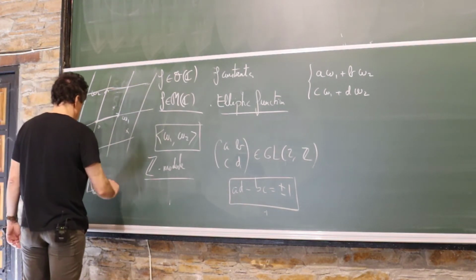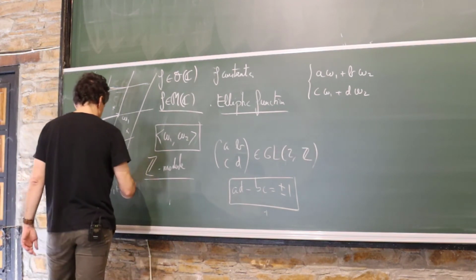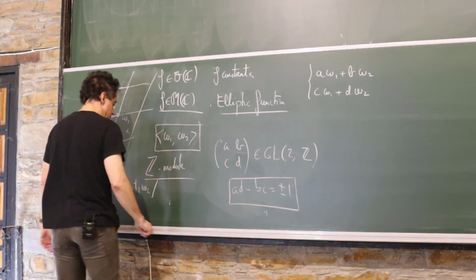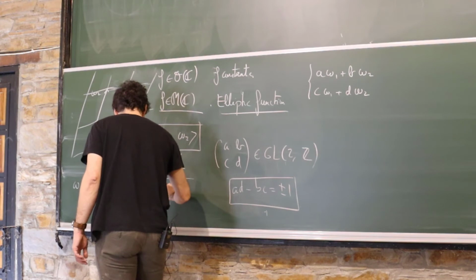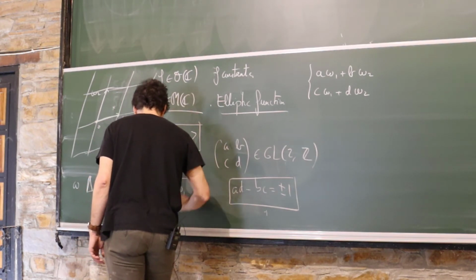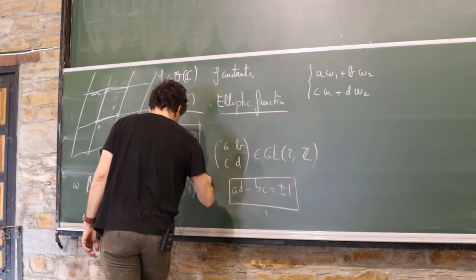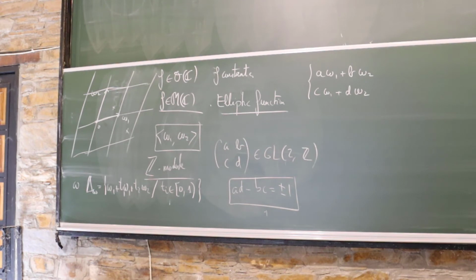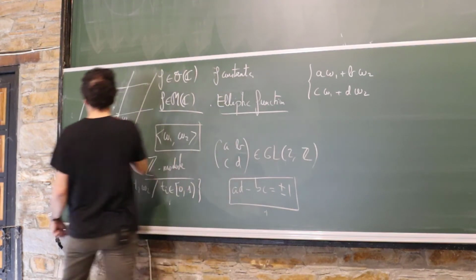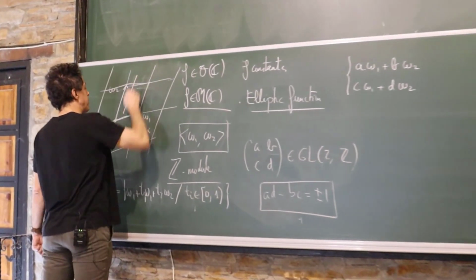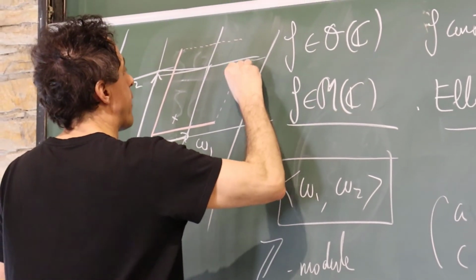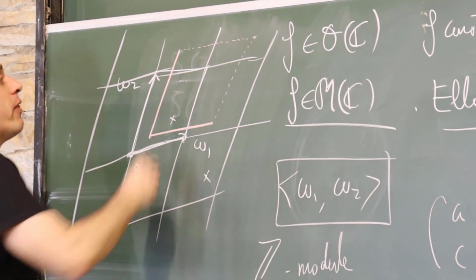It could be the set of points omega plus t1 omega 1 plus t2 omega 2, where t1 and t2 are between 0 and 1, closed on 0 and open on 1. So we have something like this. Take a color chalk, take a point here, and the interior.